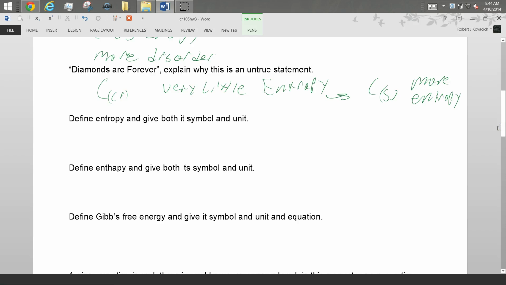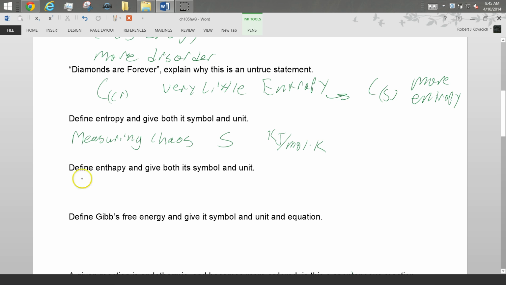Define entropy and give its symbol. So entropy is measuring chaos, or measuring disorder, and its symbol is an S, and its units are usually kilojoules per mole Kelvin.